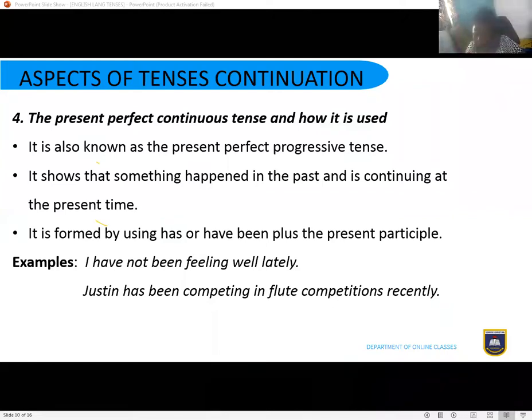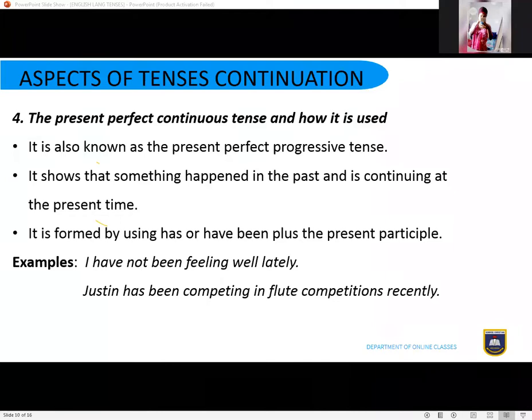All right, let me repeat this. Those of you who want to write, listen. What we are doing is tenses, and under tenses we are looking at three aspects. Do you have that? Students: yes, madam. Very good.